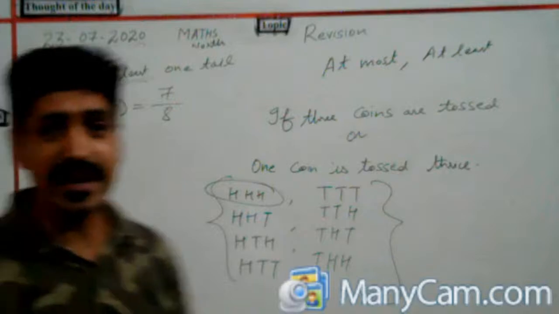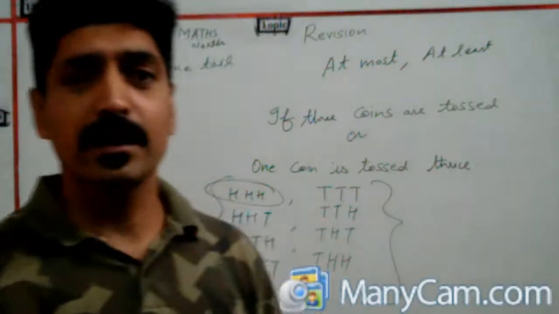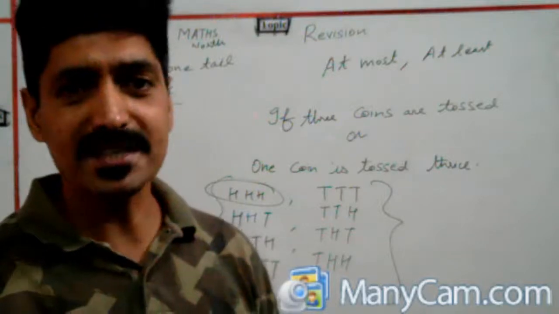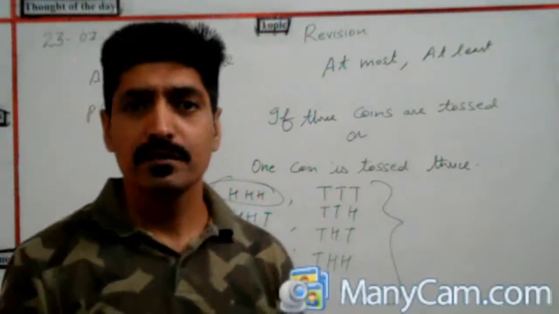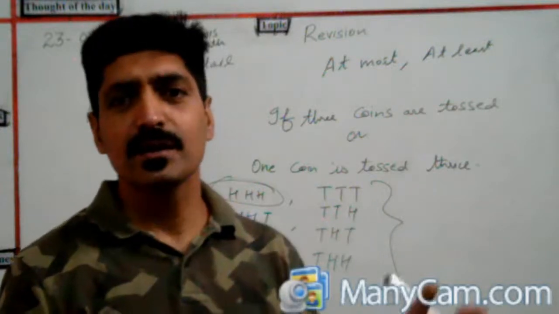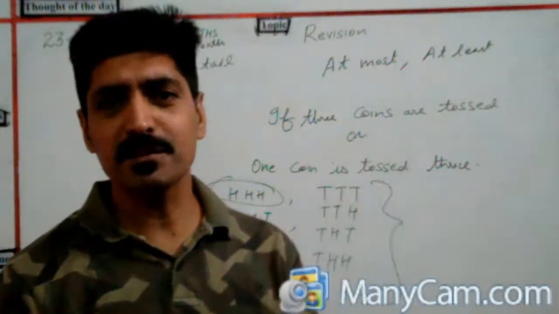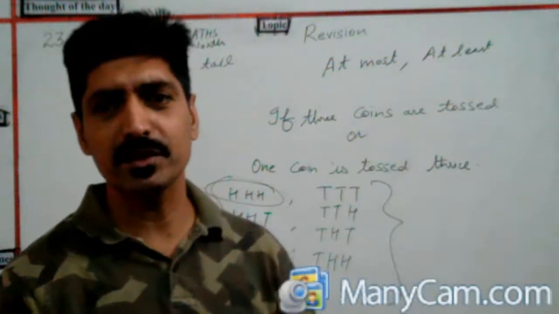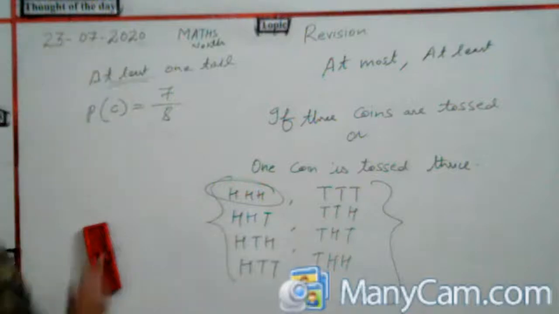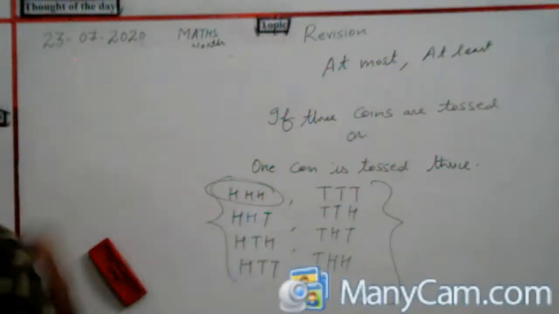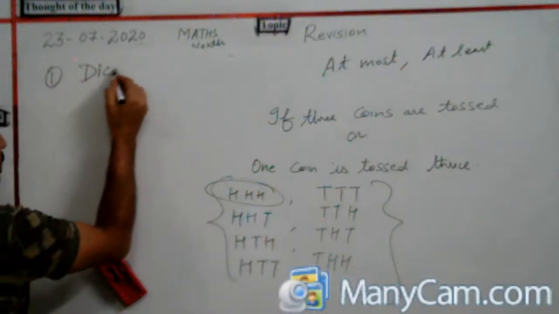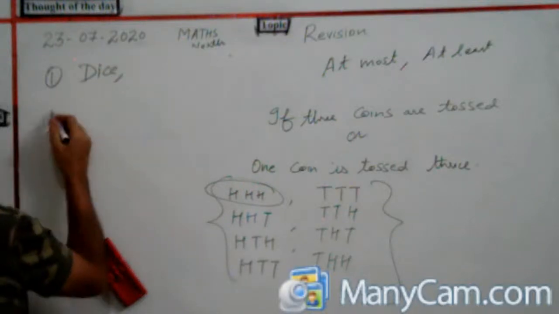So we have the very important example now of dice. When a dice is thrown, we have 6 faces, and the question is generally asked about the numbers, prime numbers. What is the probability of coming prime numbers? What is the probability of coming odd numbers? So we know in case of dice, and then we have playing cards.